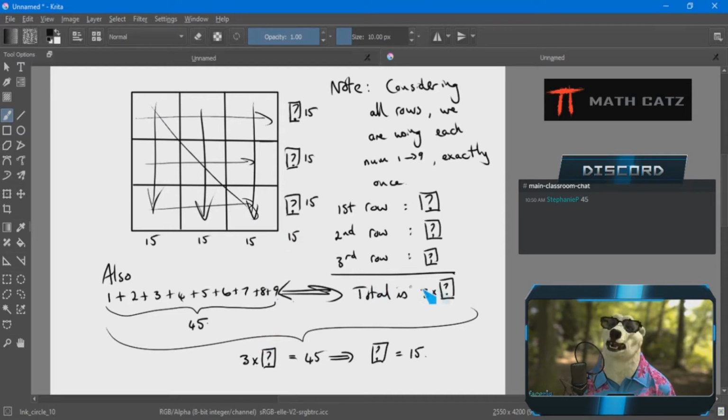But now I have much more information than I did starting out, that I know exactly my target value, my target little answer for each row, each column, diagonal, and so on. And knowing the 15 is the key number, I've taken a big step towards figuring out which number goes where.